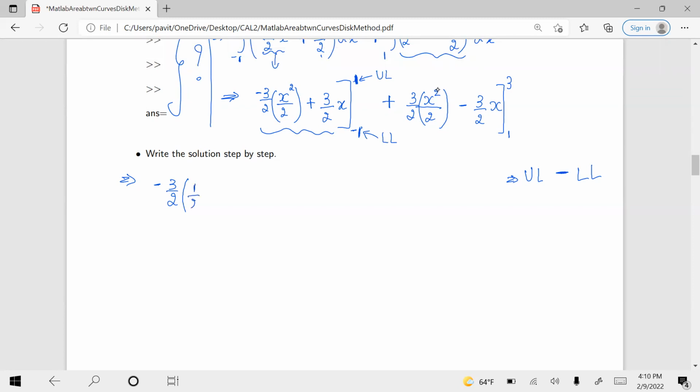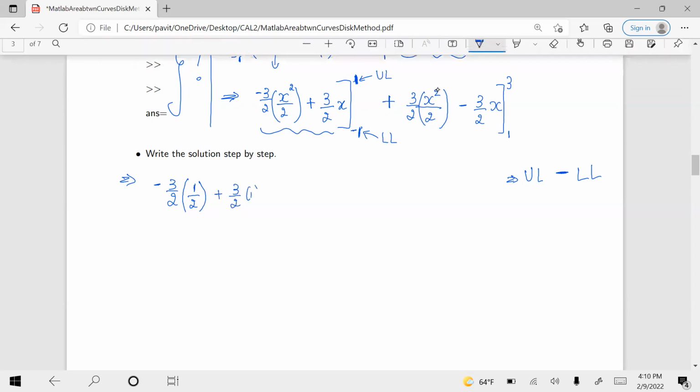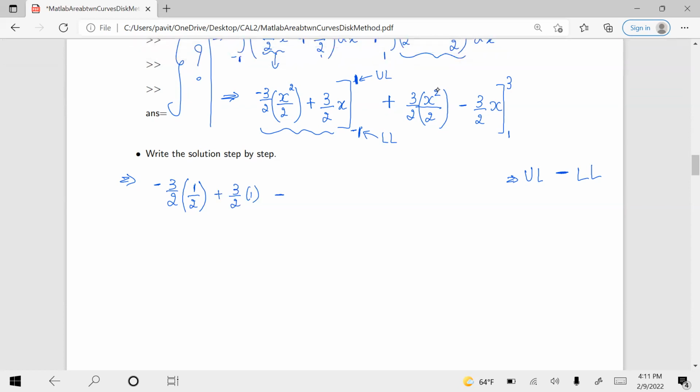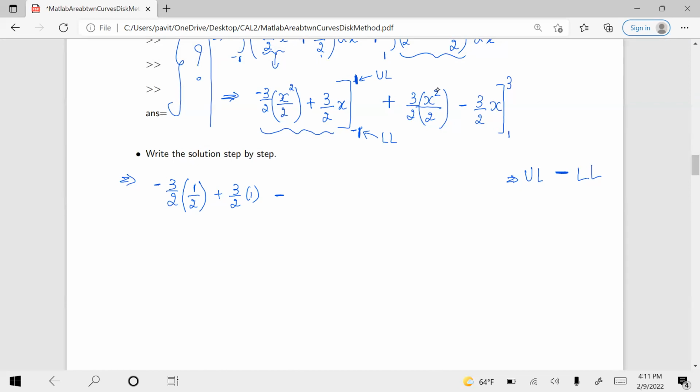So 1 by 2. 1 square is 1. So I will just write it as 1 plus 3/2 into 1. Negative, because we have negative here. And then lower limit. Apply lower limit to the x part. You have to apply limits for each term, not first limit for the first term, second limit for the second term, not like that. Do not make that mistake. Each number you have to apply for each term. Okay, next part is negative. So I will open a big parenthesis.